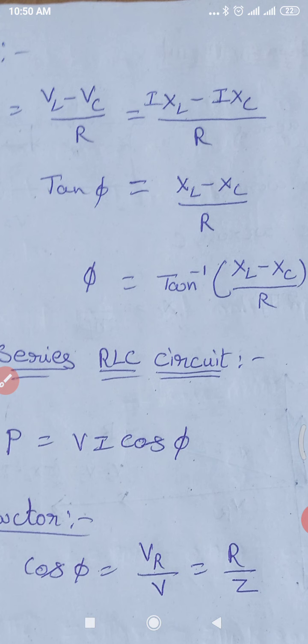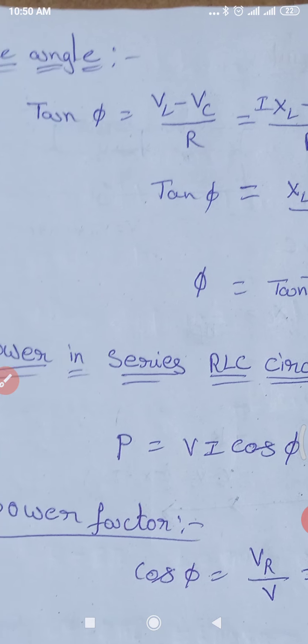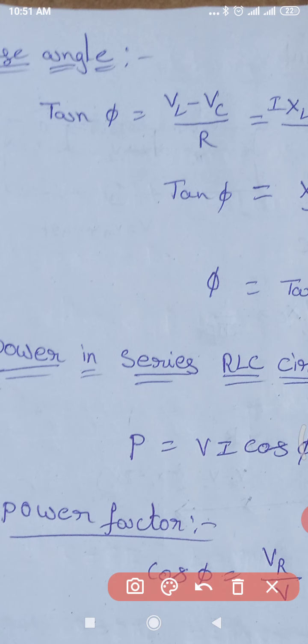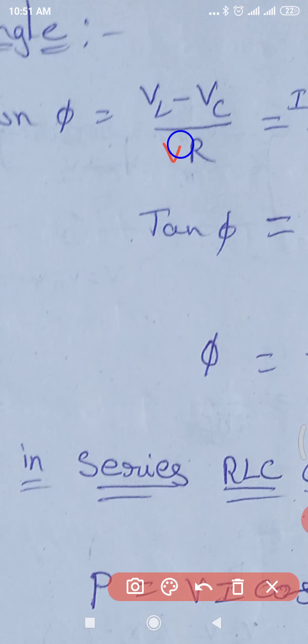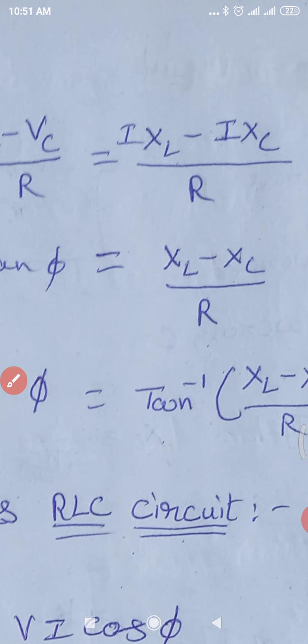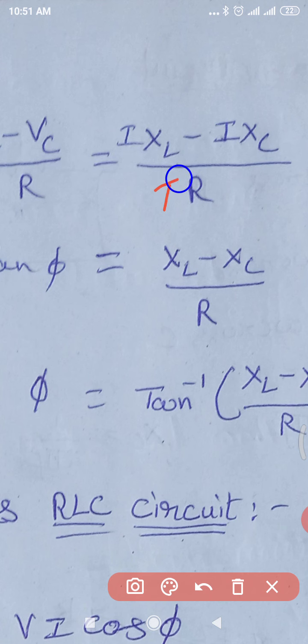Now I am replacing VL with I into XL and VC with I into XC, and this is VR, equal to I into R. Here also there is the current I, so we cancel these I values, and finally we get XL minus XC by R. This is the tan phi value.